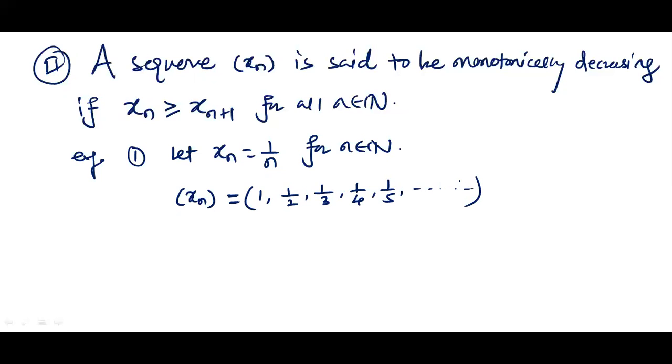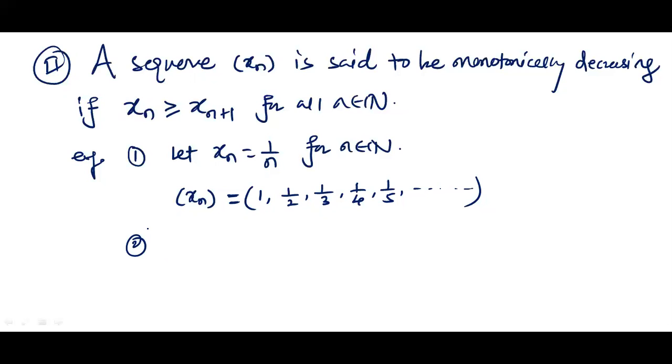You can note that the terms of the sequence are decreasing. First term is 1, second is 0.5, 1 by 3 is 0.333, 1 by 4 is 0.25, 1 by 5 is 0.2, and so on. The terms of the sequence are decreasing, therefore it is an example of a monotonically decreasing sequence.